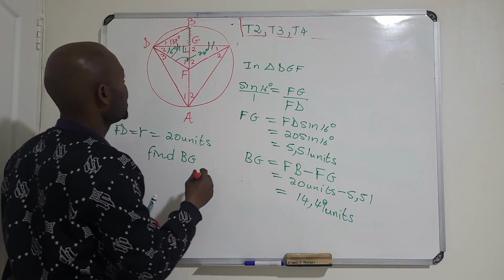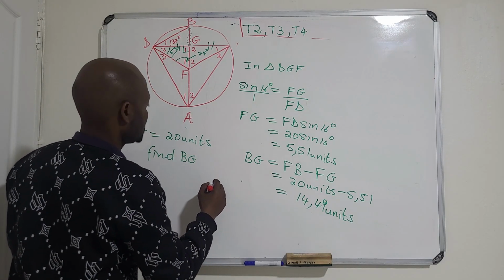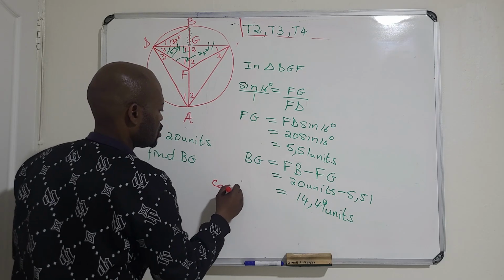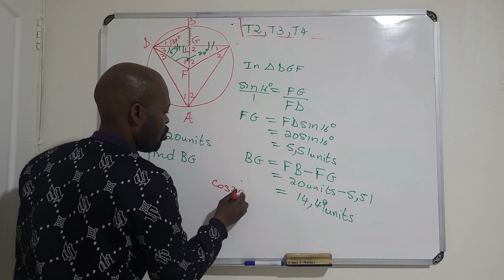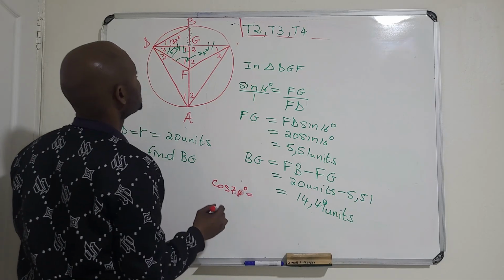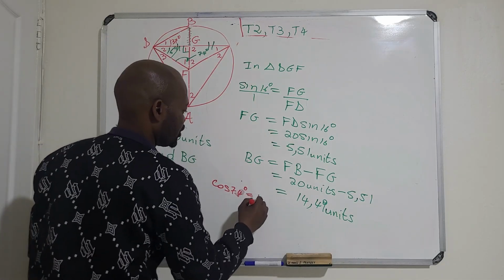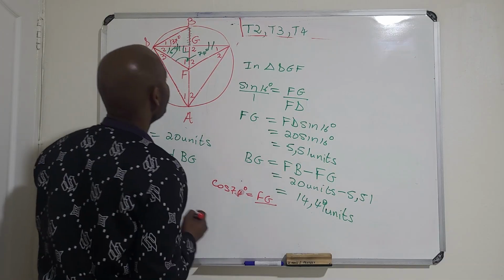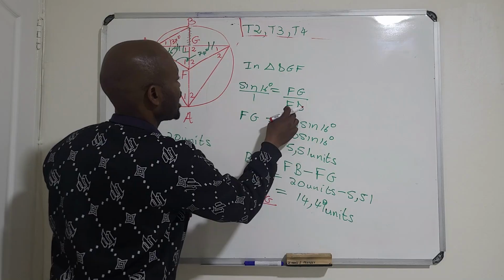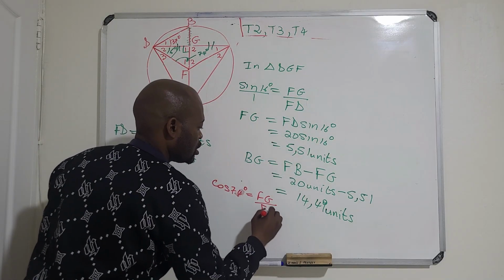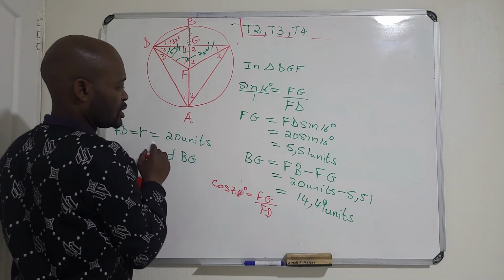So we're going to say cos 74 degrees is equal to adjacent, which is FG, over hypotenuse, which is FD.